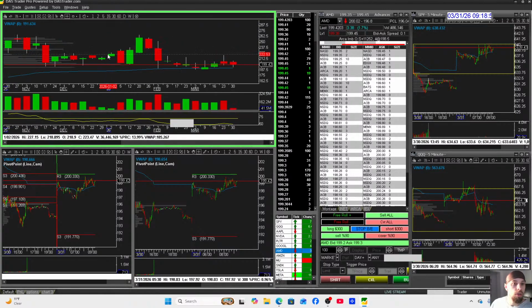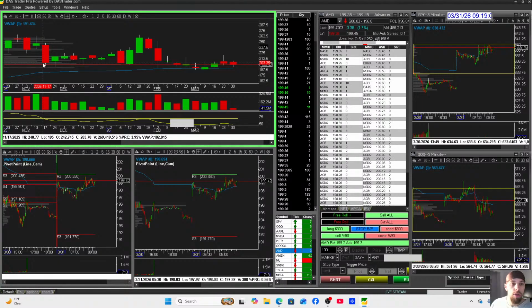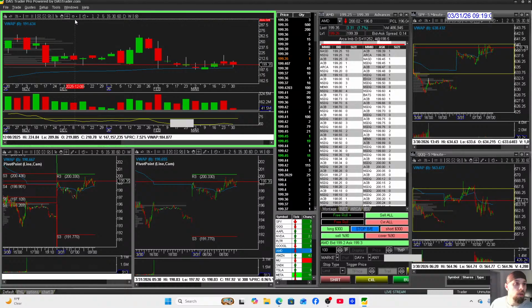Let's go to the weekly. $199.42 is the current price. 200 is a really good psychological number. See potential bounces off of.